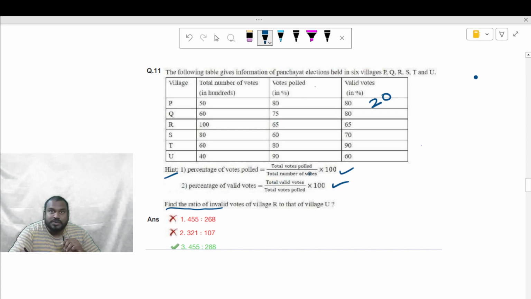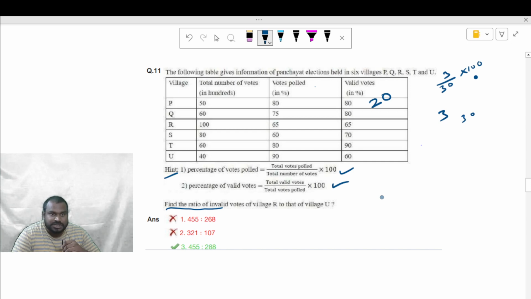How many votes polled divided by possible number of available votes is nothing but percentage. So see here, what is 3% in 30? If it is asked, what will you do? 3 divided by 30 into 100. The same way here also, the formula is given for those who don't know the basic percentage formula.